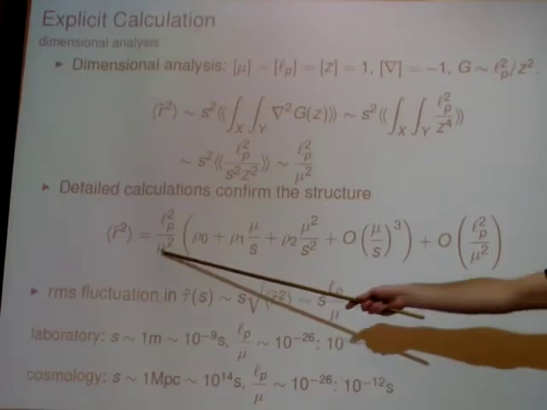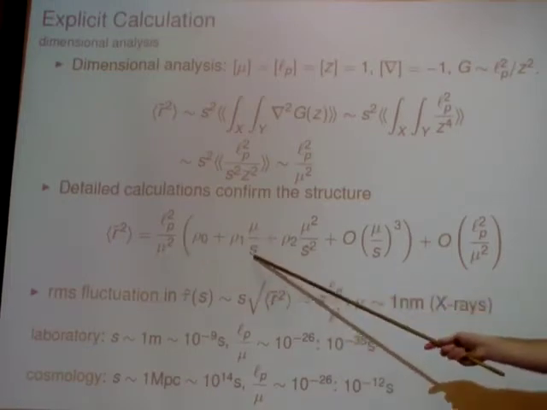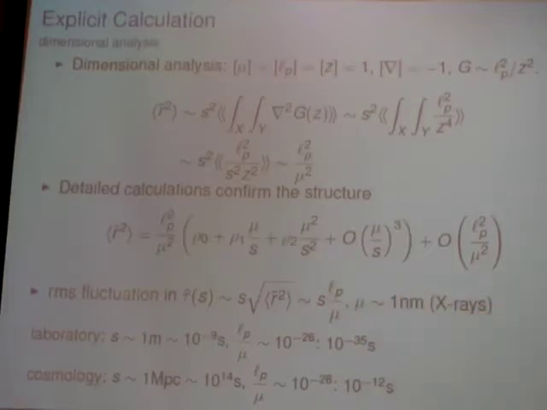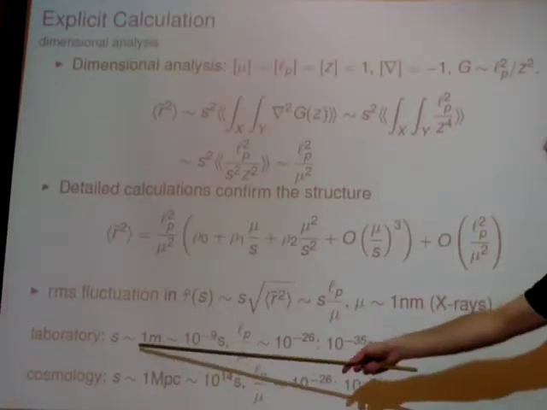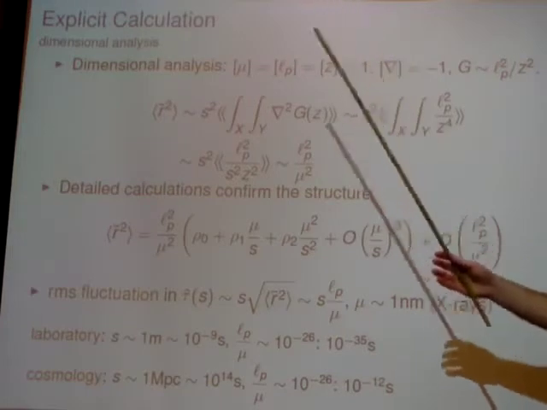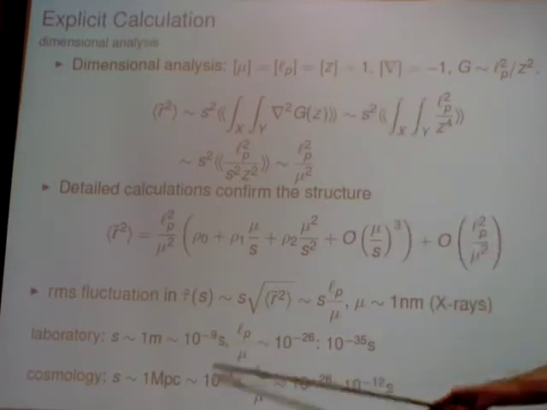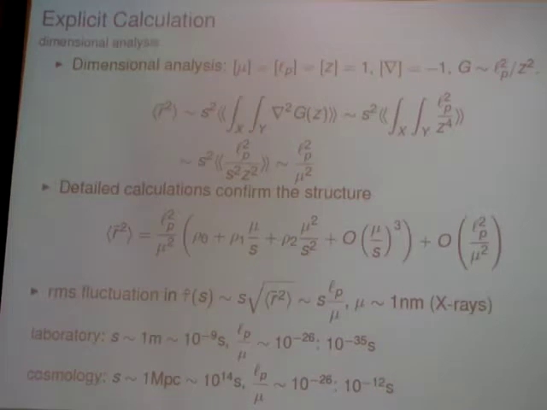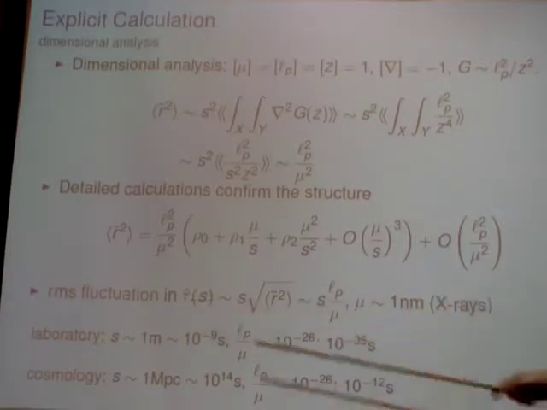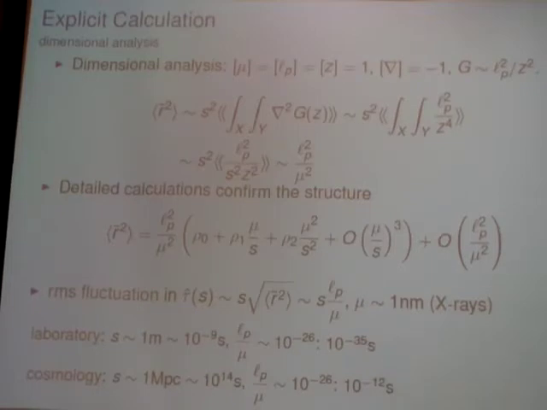Because you can have different values for the experimental scale S and the smearing scale mu. So if you consider a laboratory example where, say, you're dealing with spatial separations that are of the order of meters, and you're using signals that are, say, of X-ray frequency, then the RMS fluctuation size you should expect is 10 to the minus 35 seconds.